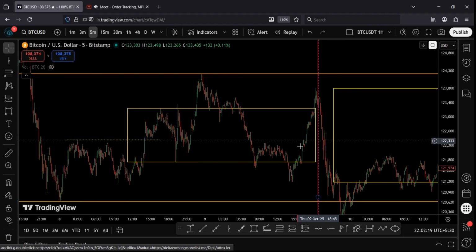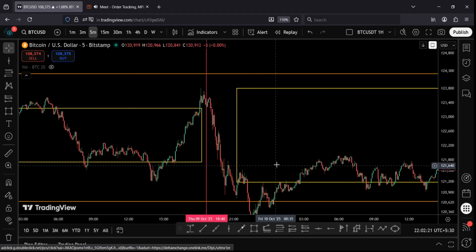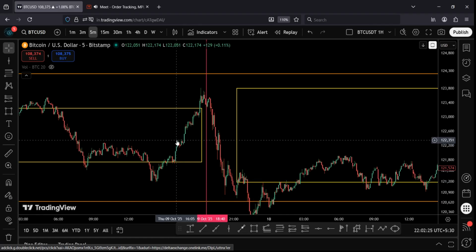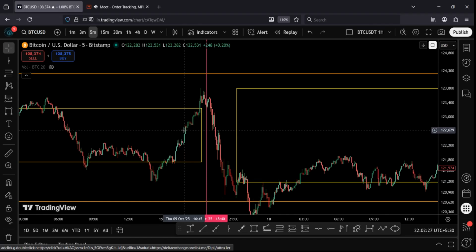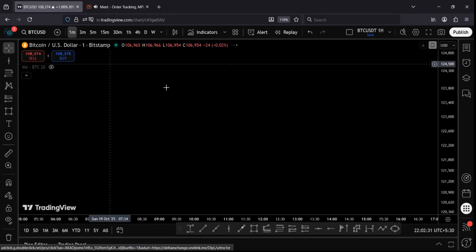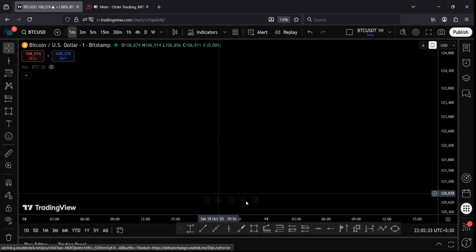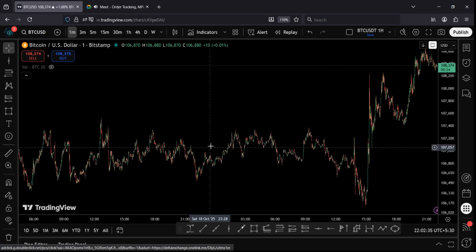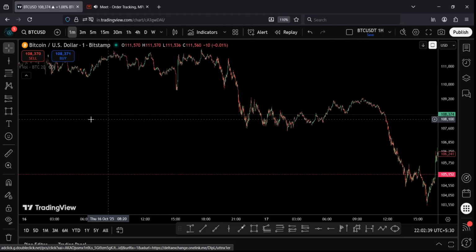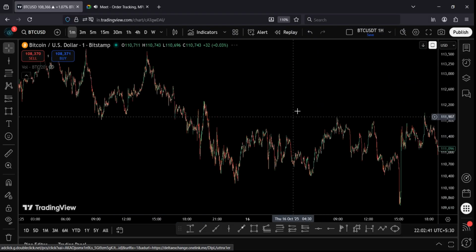So what will happen? We will go to lower time frame 1 minute. We are on Bitstamp.